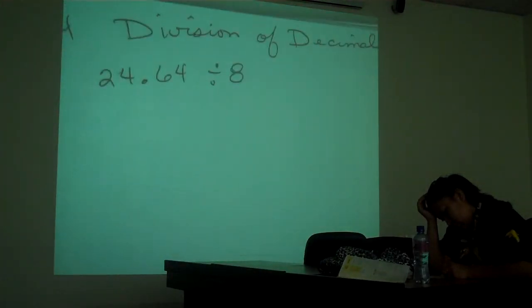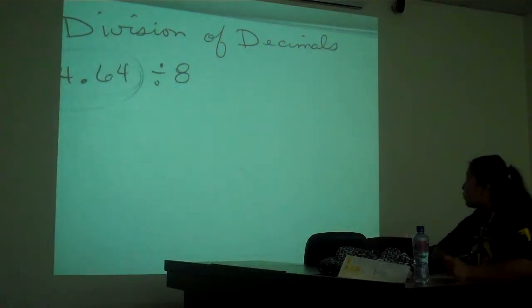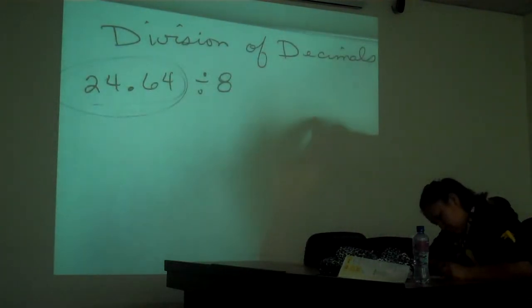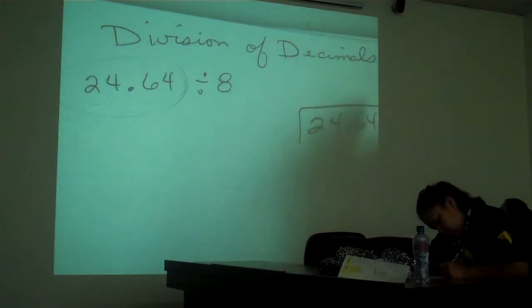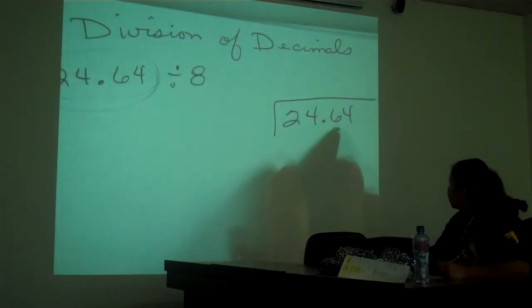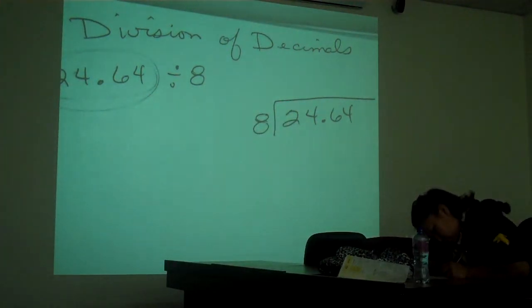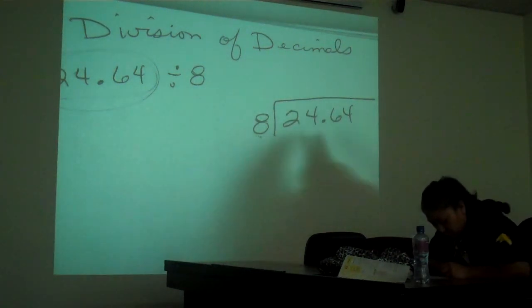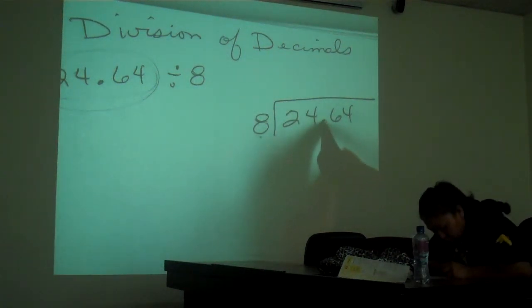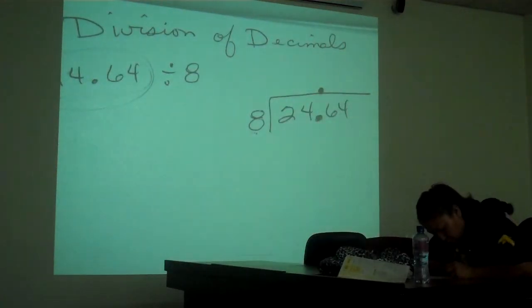Okay, if it's written like this, you need to go ahead and write it with the first number under your division sign. Okay, 24.64, you're dividing it by 8, with the 8 on the outside. If there's no decimal on the outside, this is going to stay right where it's at. Just bring it straight up into your answer.